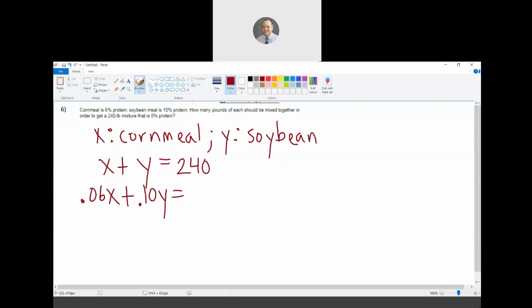And we need a mixture that is 8% protein. So you multiply 240 by 8%, or 0.08. Now, when we multiply those two numbers together, we get 19.2.